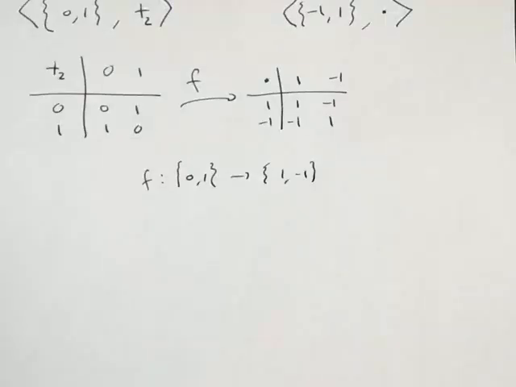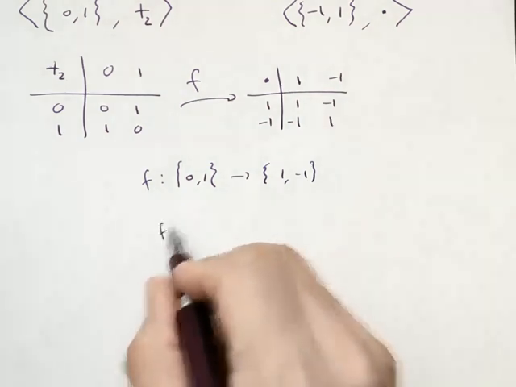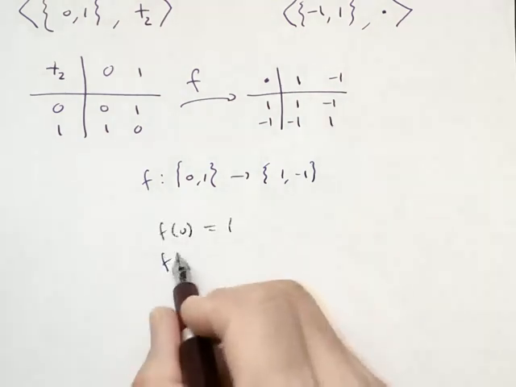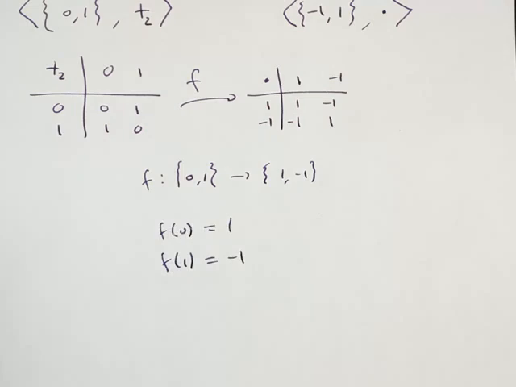F of 0 is 1. And f of 1 is -1. The things that happen in the table on the left are exactly the same as the things that happen in the table on the right, aren't they? Just relabeled.